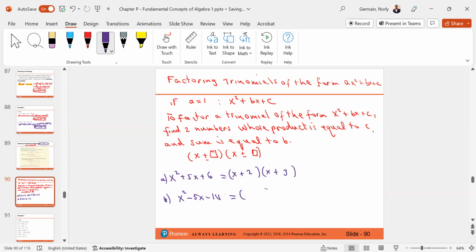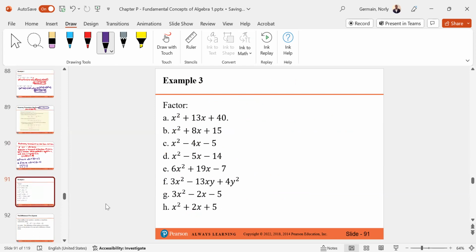What are the two numbers that when you multiply give you negative 14, but when you add give you negative 5? Yeah, you got it. 2 times negative 7 gives negative 14, and 2 minus 7 gives negative 5. So we say x plus 2 and x minus 7. That's how you factor these trinomials.